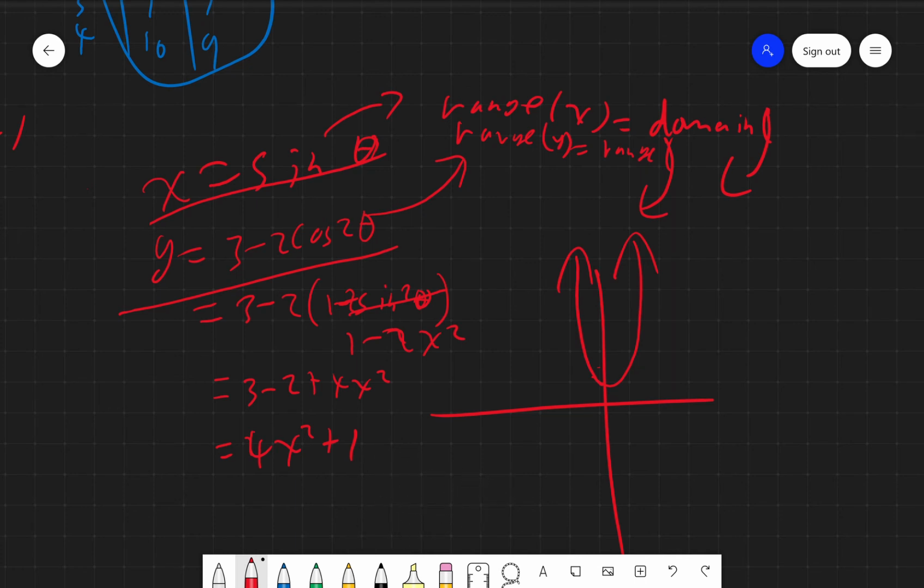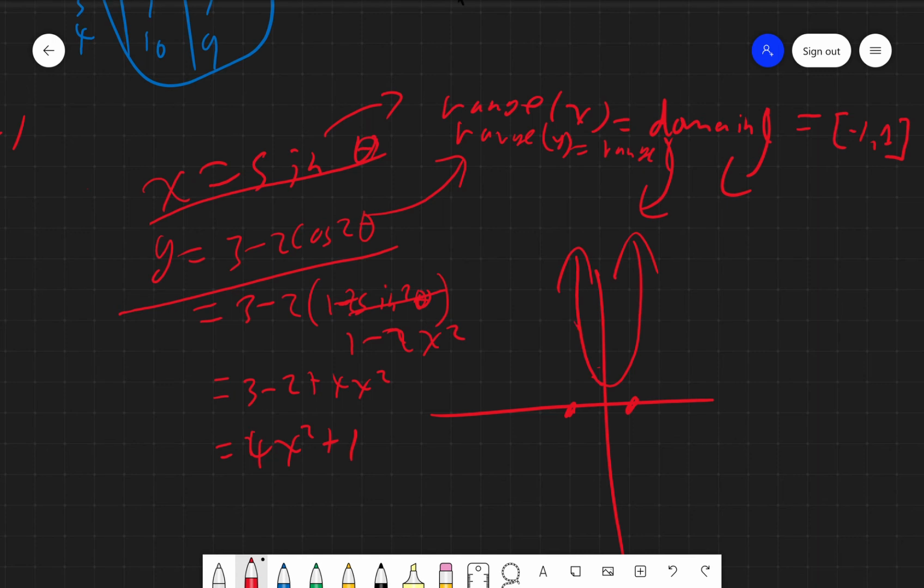So now, since the range of this first function is -1 to 1, we're only going to be counting -1 to 1.